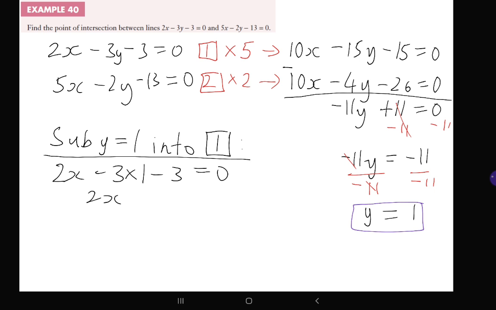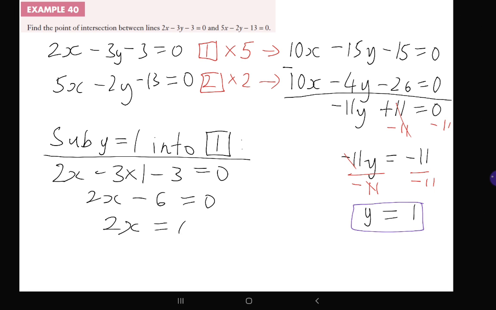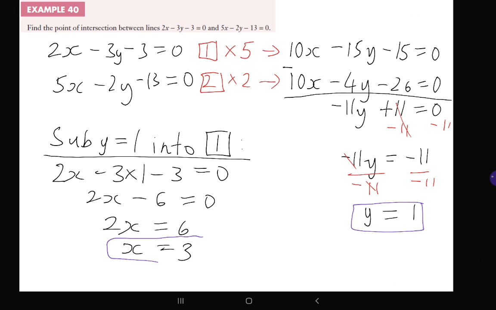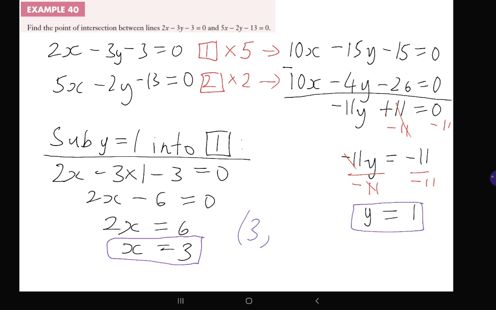So 2x minus 6 equals 0. 2x equal to 6, and x equal to 3. So those are your solutions, y equal to 1 and x equal to 3. So your point of intersection is going to be (3, 1).